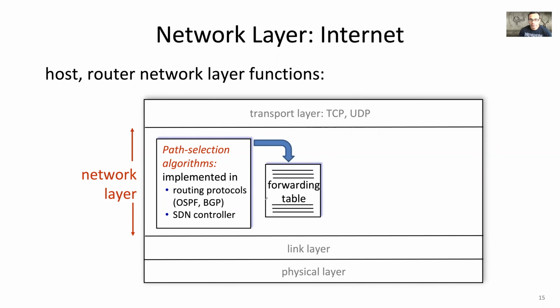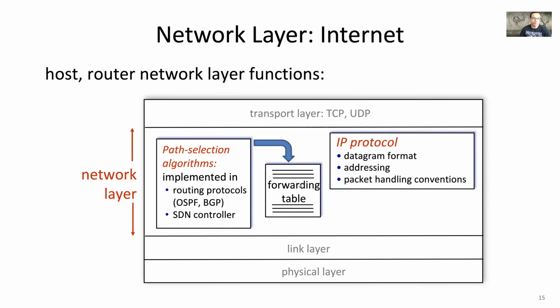Then, as we already discussed, we have the control plane, which is implemented in the form of routing protocols, which we'll look at next week. And these routing protocols create these forwarding tables, which make up the data plane, right? Then we have, of course, the IP protocol itself, which defines the format of the datagram, which defines how IP addressing is handled, the various packet handling conventions.